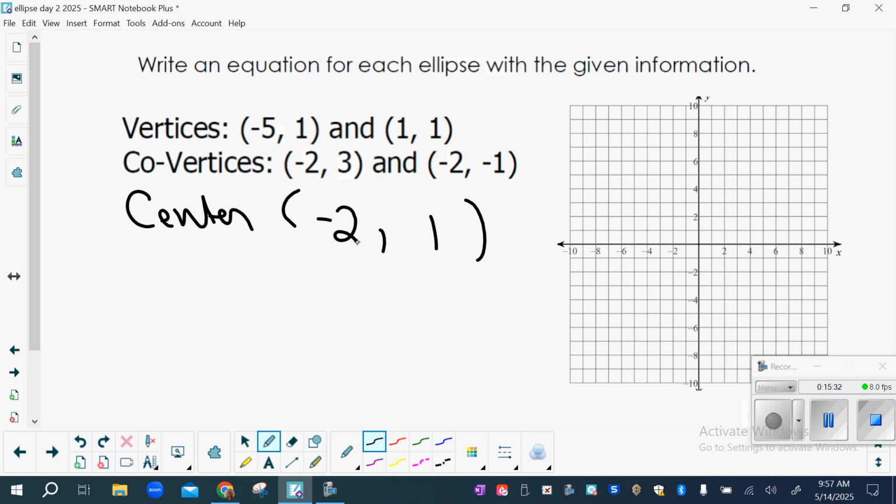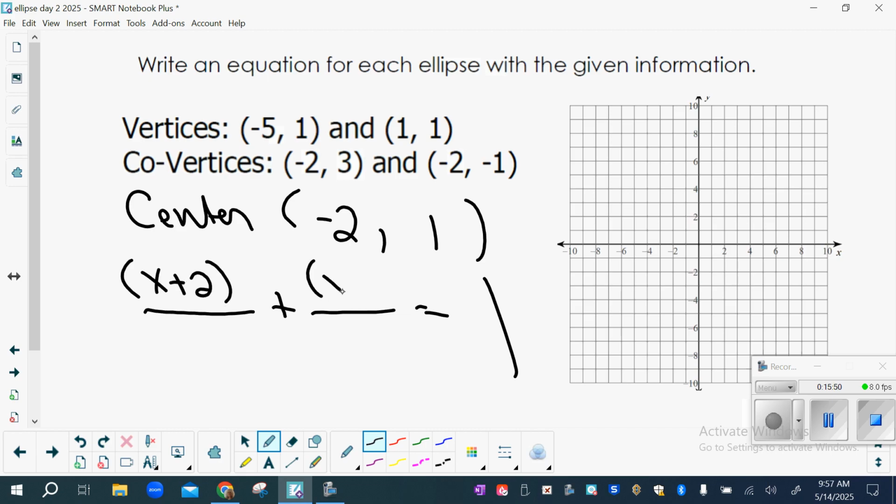So if you want to feel like, hey, Miss T, can I just start by doing that? Yes, you can. Now watch how much faster we're going to go on this one. So our first thing is going to look like this. We've got this, x plus 2, y minus 1, we're all good.